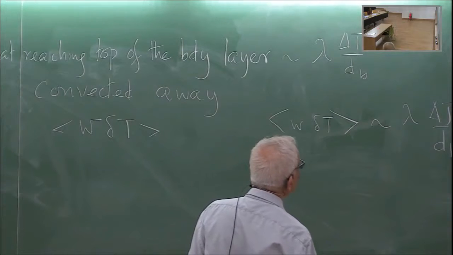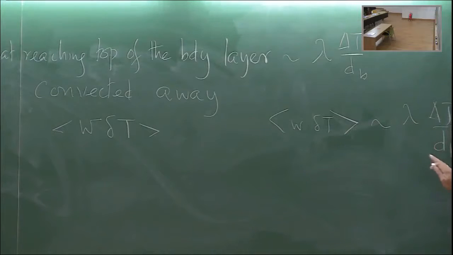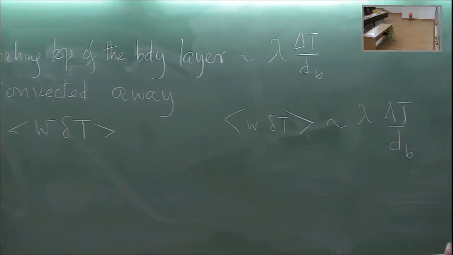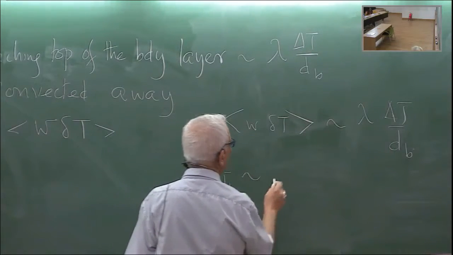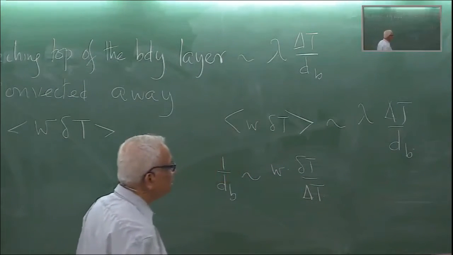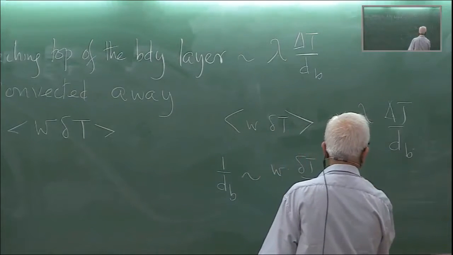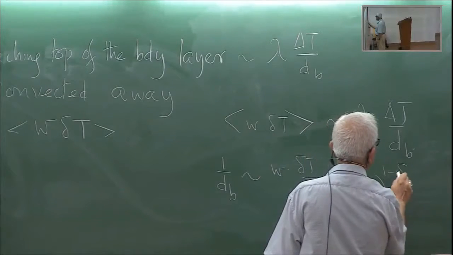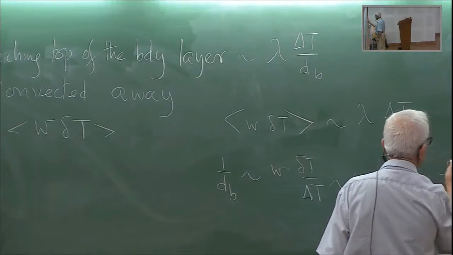So I'm going to look at this and try to get an estimate for the scaling of 1 over d_B. So 1 over d_B is what I want to scale. And so my 1 over d_B is going to be like W times delta T over delta T. And W is Ra to the power 1 minus delta by 2, and this is Ra to the power minus delta.